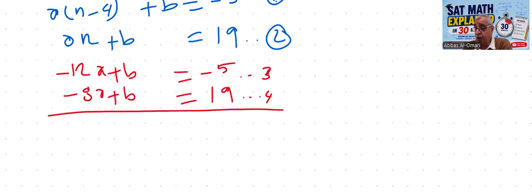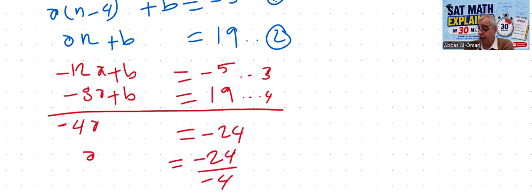So minus 12a plus 8a is minus 4a, plus b minus b is 0, and minus 5 minus 19 is minus 24. So a equals minus 24 over minus 4. So a equals 6.